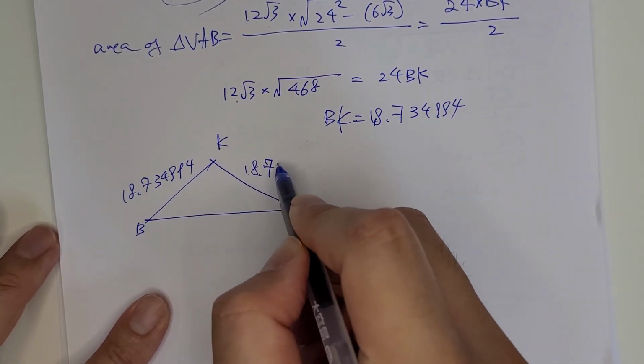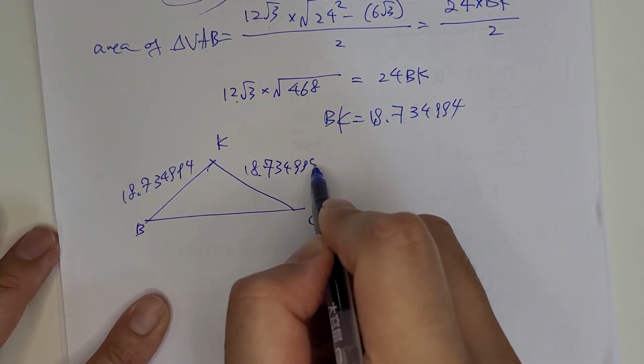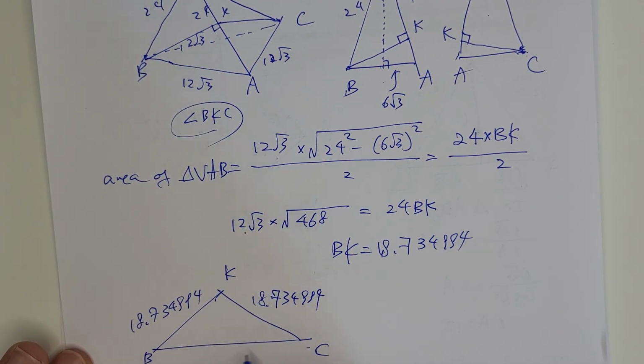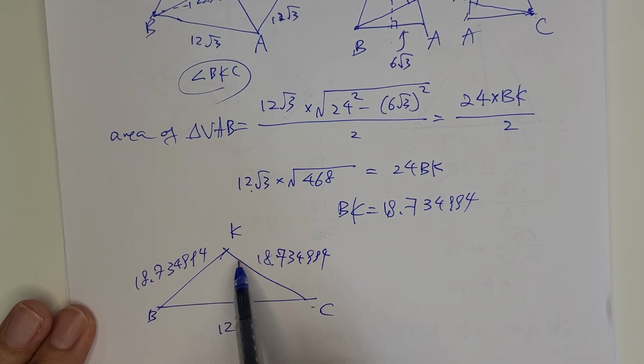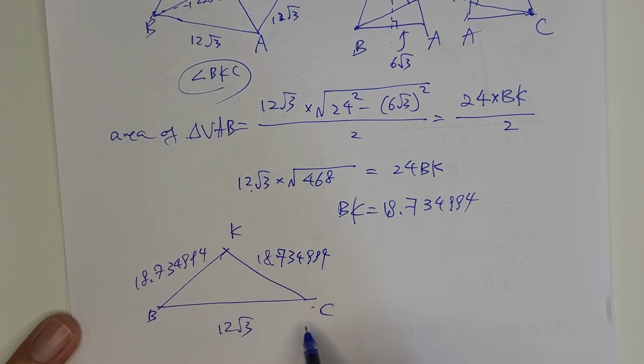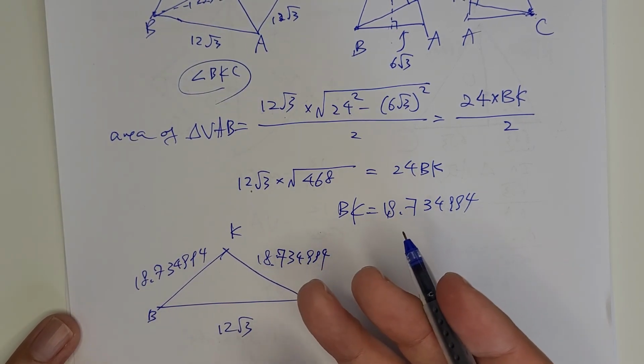So you can just copy this, and then the length of BC is 12√3. We want to find this angle BKC. Again, you can see this is another isosceles triangle. And you can apply the cosine rule directly.